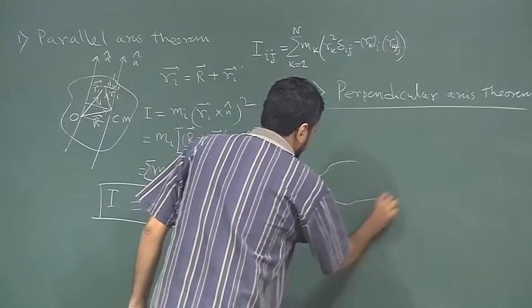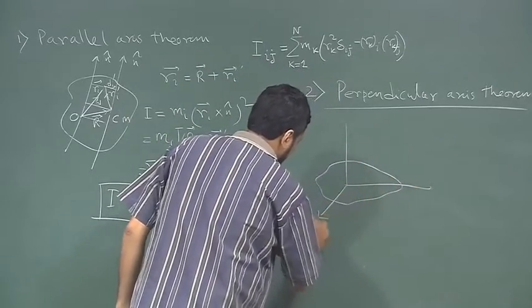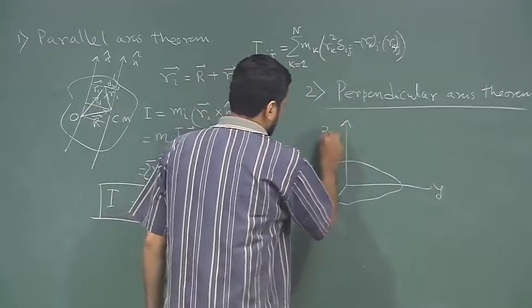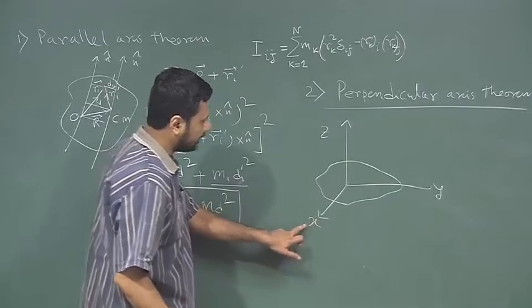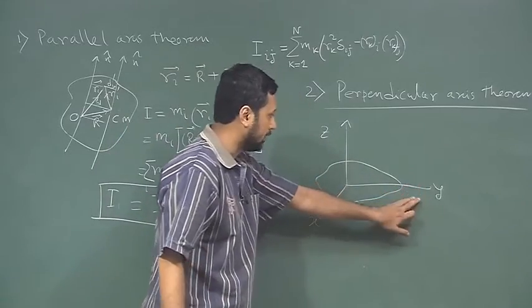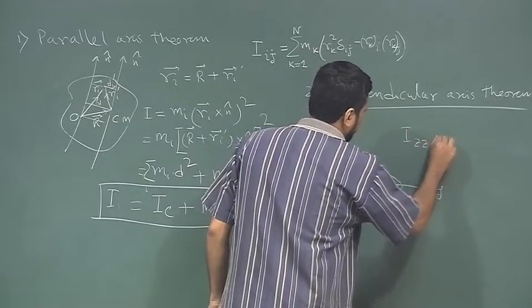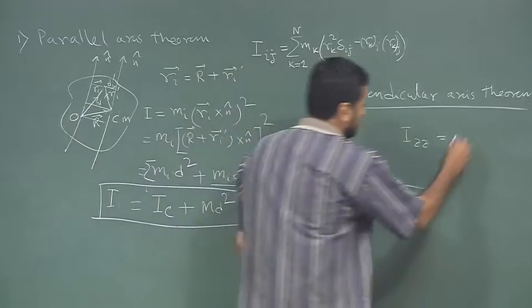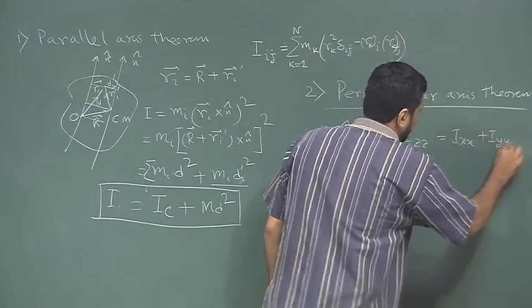Let us say we have a laminar object which is lying in the x and y plane, okay. And so we can measure the moment of inertia around x axis, around y axis and around z axis. Then we can write I z z, which is the moment of inertia measured around z axis, which will be I x x plus I y y.